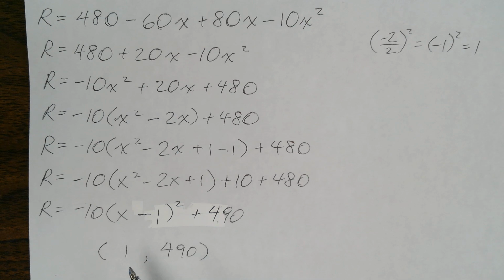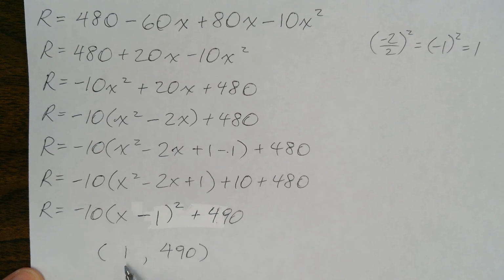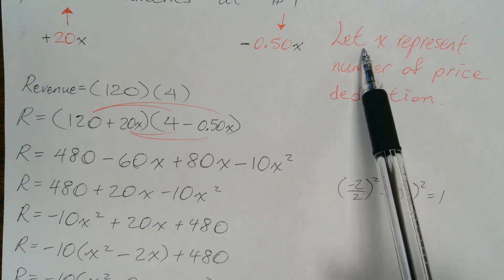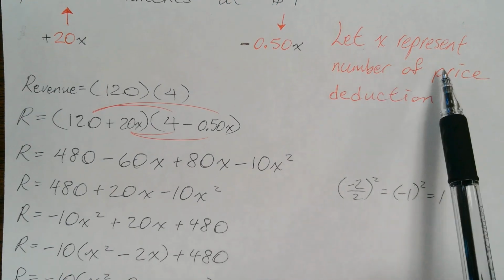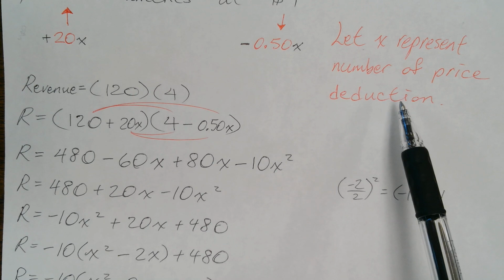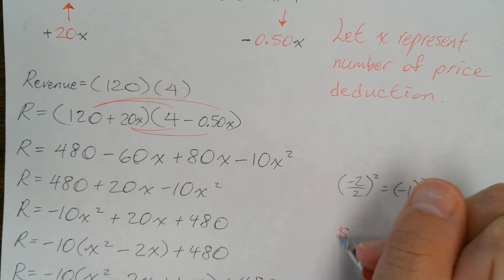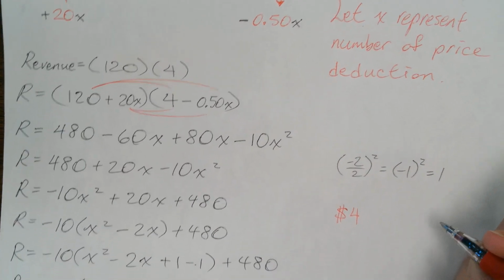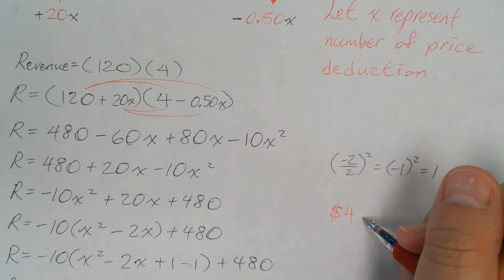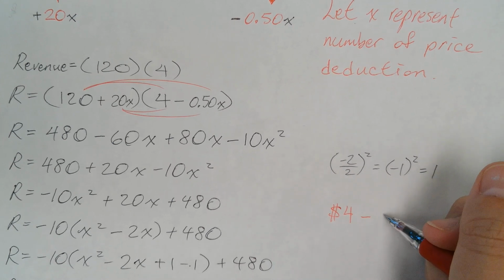What did we say x represents? Right. So remember right here, we said let x represent the number of price deductions. So that means we should have 1 price reduction. Originally, it was $4, with 1 price reduction. How much should we set the cost to be?